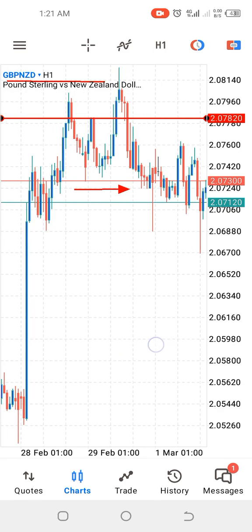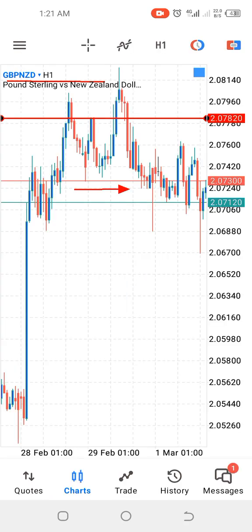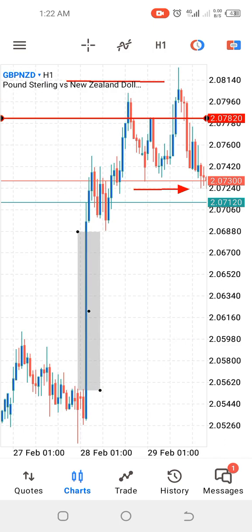And as you can see, on the 1 hour time frame, what we notice here is this big bullish move, with a lot of imbalance. This kind of candles may be due to news events, that's when we normally have this kind of candles.